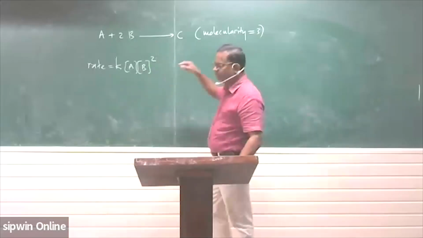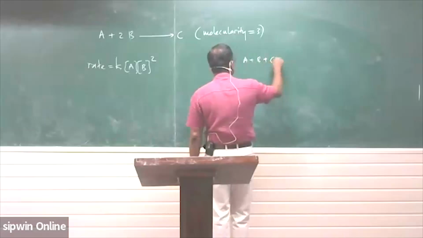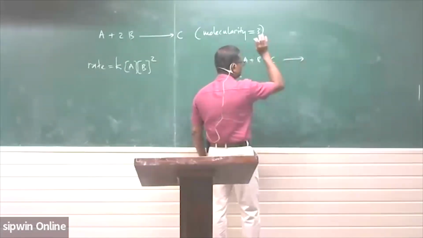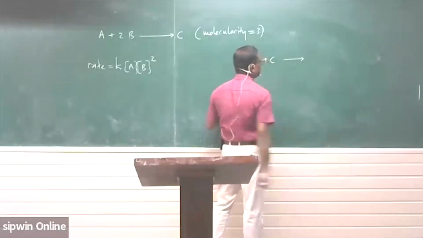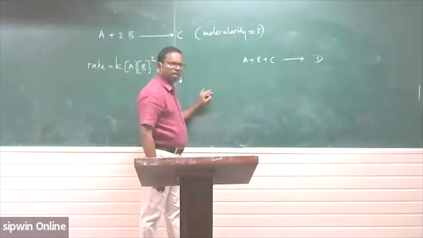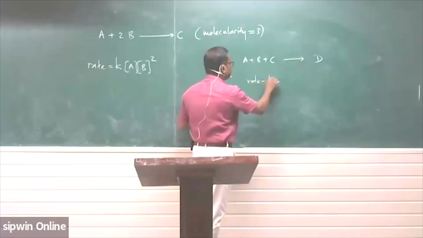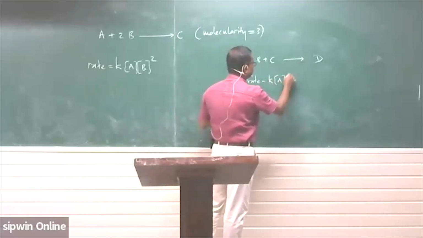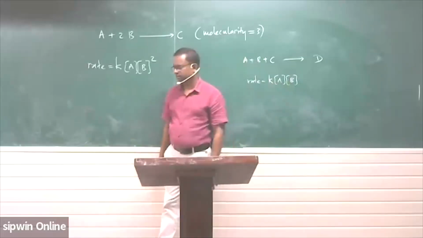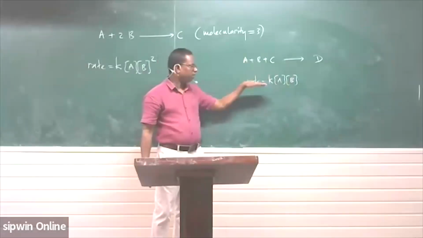Going further, I write one like this: A plus B plus C into D. The rate law for the above reaction is rate equals k, concentration of A, concentration of B. The reaction is given like this, and they have given the rate equation, the rate law, like this.